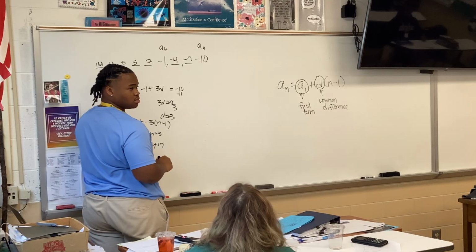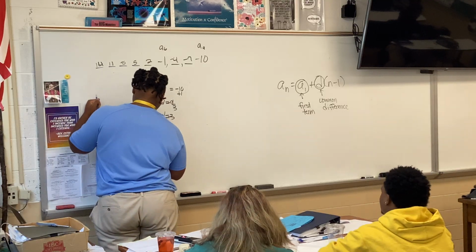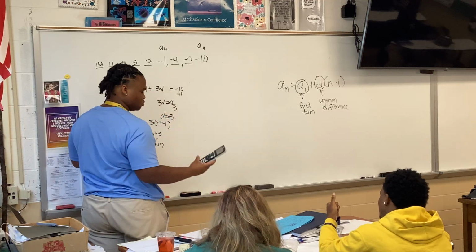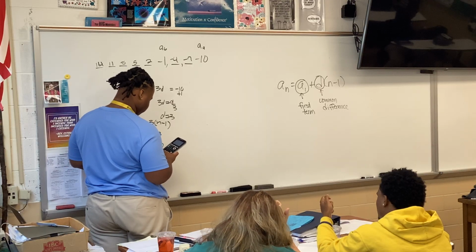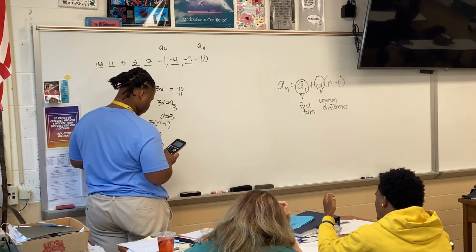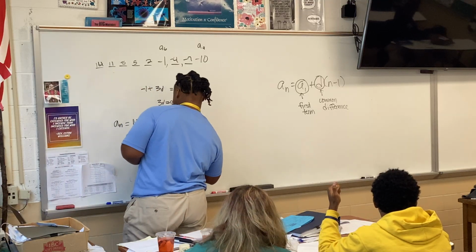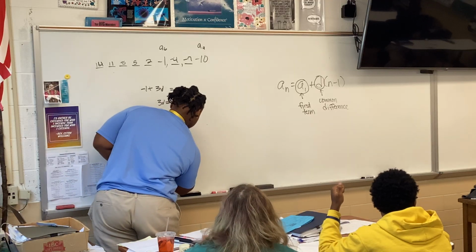Did you agree with that? And then he got his formula by plugging in 14 for A sub 1 and -3 for D. And now he's plugging 100 into his formula. And that's what I got, -283.